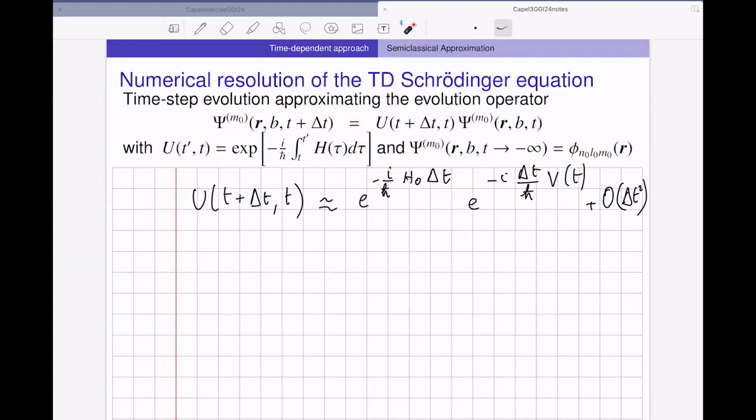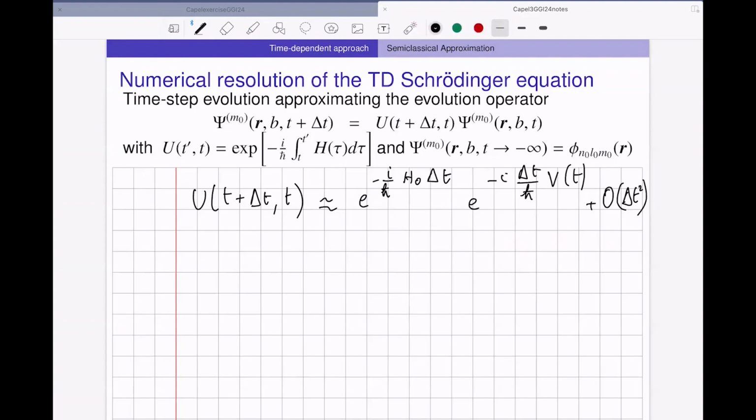This is true for numbers. This is not true for matrices. If the two matrices do not commute, which is the case here, you cannot just split these two operators. There are other terms in this expansion. So this is not fully true.